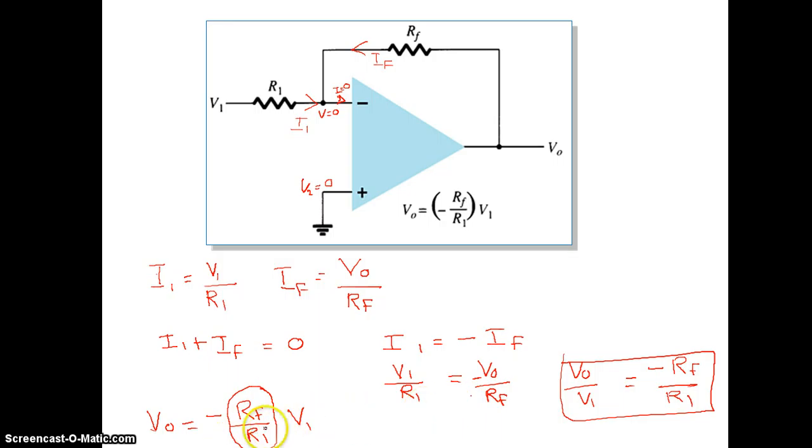Output is equal to gain multiplied by input, and the minus sign is there because it is an inverting amplifier. So the gain of the amplifier is RF divided by R1. This is the way we derive the gain equation. So that's about the inverting amplifier.